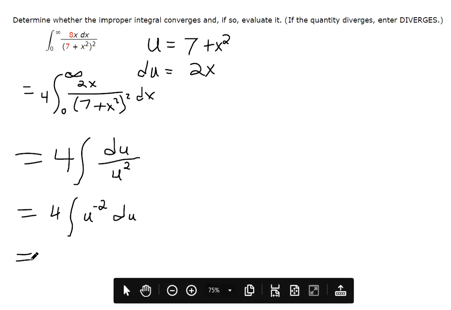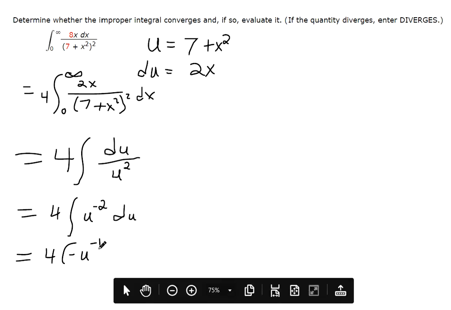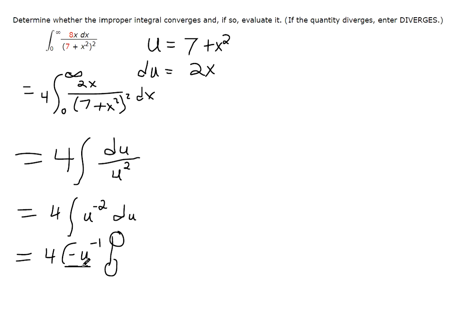And then to evaluate that antiderivative, we're thinking about kind of the reverse power rule. That's going to be now u to the negative first, but I'm going to multiply that by a negative 1. Because when you're trying to find an antiderivative, you want to think about what's going to happen when you find the derivative.